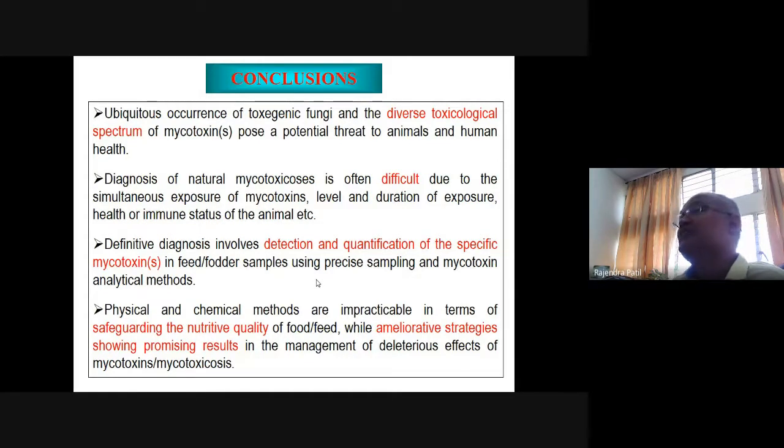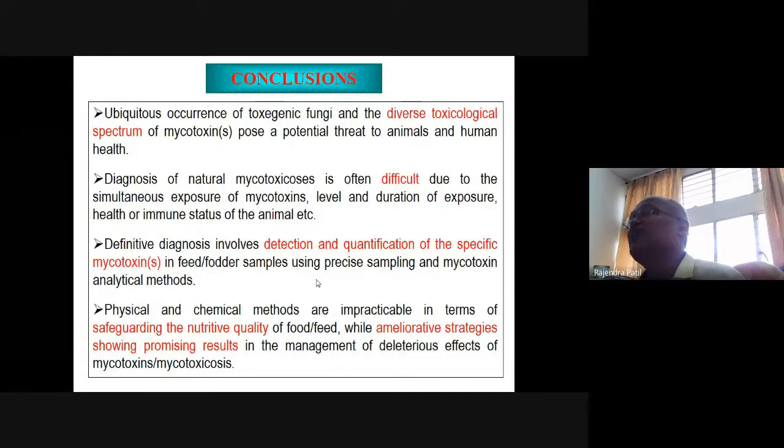So it's very difficult, because the pathology and other clinical manifestations do not support detection. The level and duration of exposure to the mycotoxins and the health or immune status of the animals are also most important, and that's why diagnosis is always difficult.